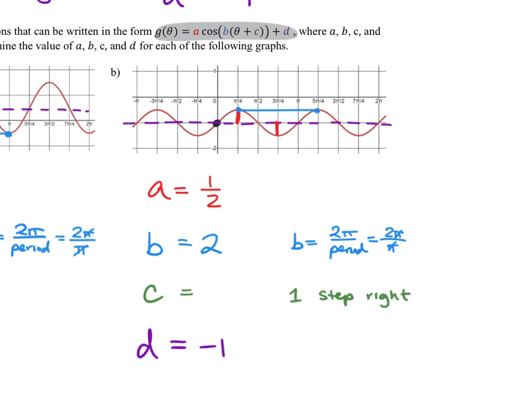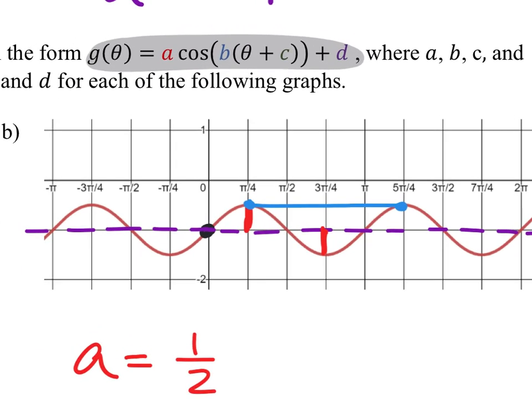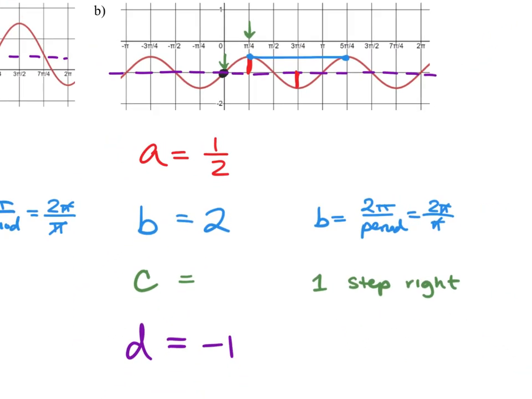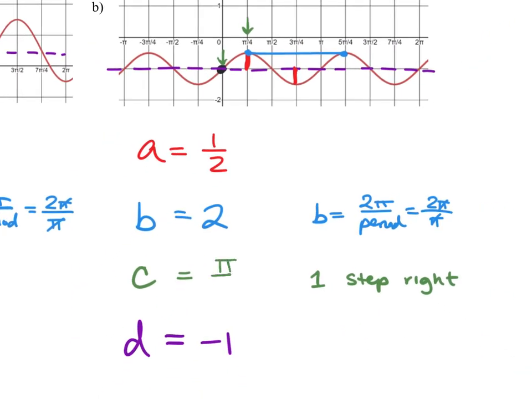A step is the distance from one characteristic to another. So from a 0 to a maximum, what is that distance right there? Pi over 4. So my step that I'm going to have to phase shift by is pi over 4.